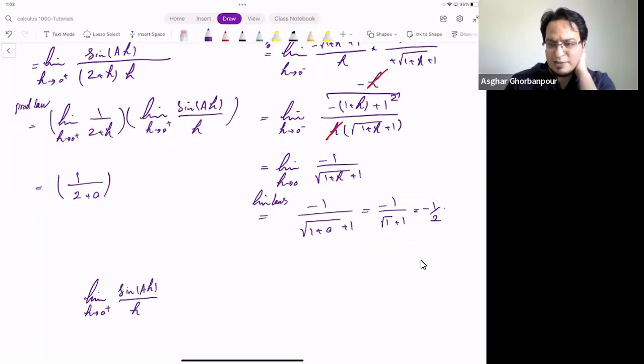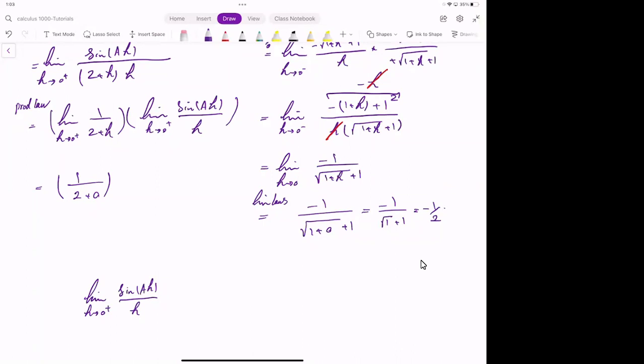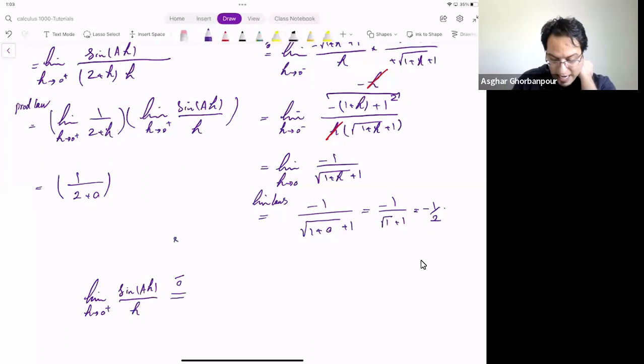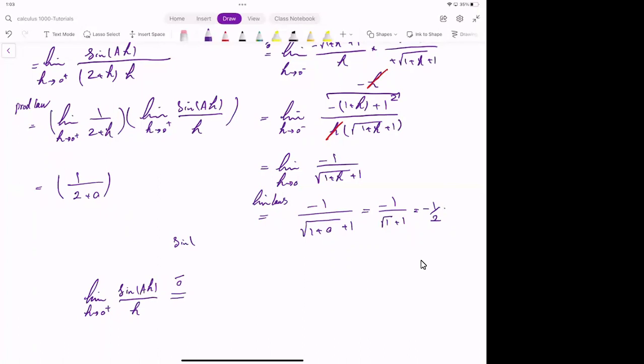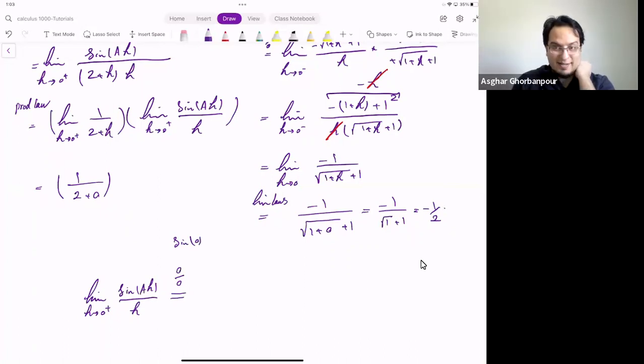Can you tell us a little bit more, Fabiha? Why do you see it as an infinite limit? Because h is approaching 0, so the denominator will be 0, and the sine of a numerator could be another value. Well, sine of a times 0, yes, that's sine of 0. What is sine 0? 0. Okay, it's 0 over 0.